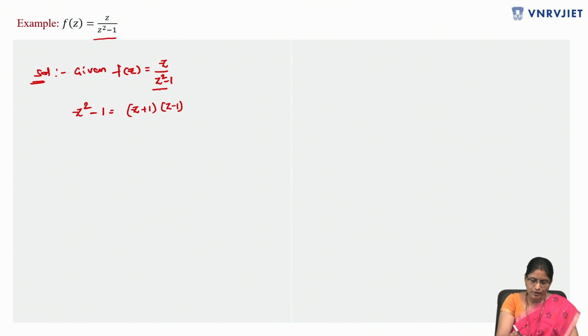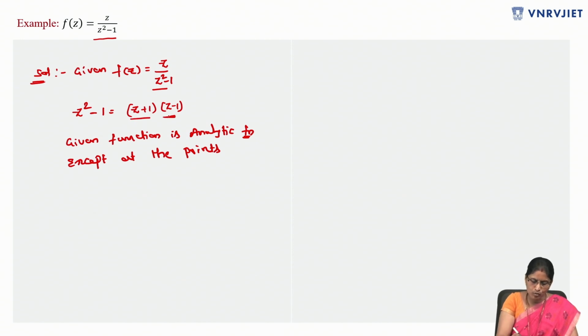The given function is an analytic, differentiable function except at certain points. Which points is it not differentiable at? z equal to minus 1 and z equal to plus 1.